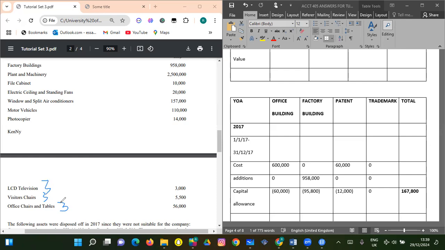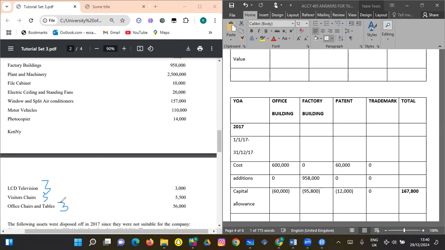I told you that at the time of the act, photocopier wasn't there, so photocopier will be included in pool 3 since it doesn't have a pool. LCD television is also included in pool 3, even though it looks like data handling equipment. But it will still be added in pool 3 unless the act is changed.